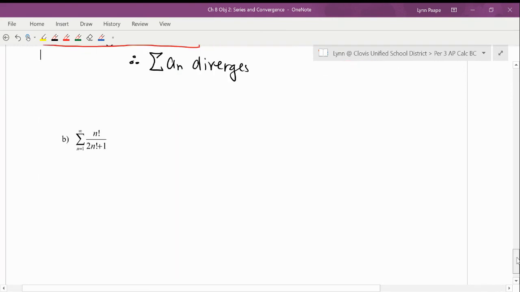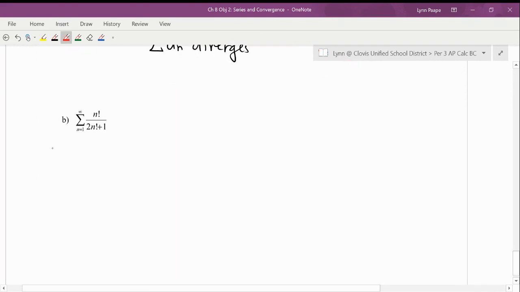All right, so let's take a look at B. So for this one here, what am I going to do? I know it's not geometric because n is not in the exponent. So then I'm going to do the only other test I know right now, and I'm going to take the limit to infinity. And then I'm going to put an implied 1 here, and then I have an equal rate of growth of n factorial.